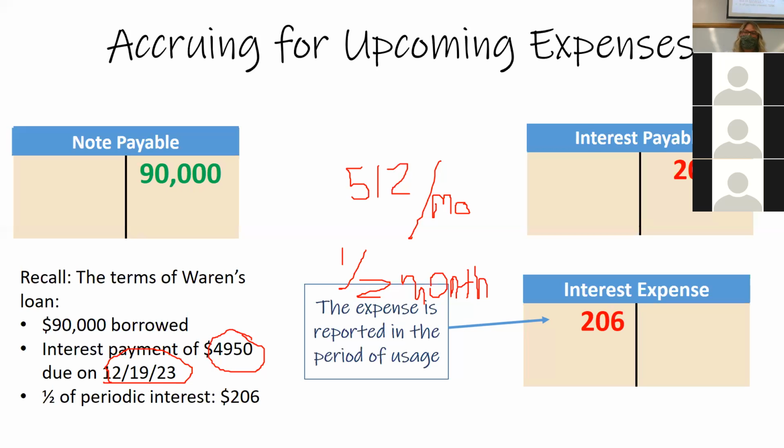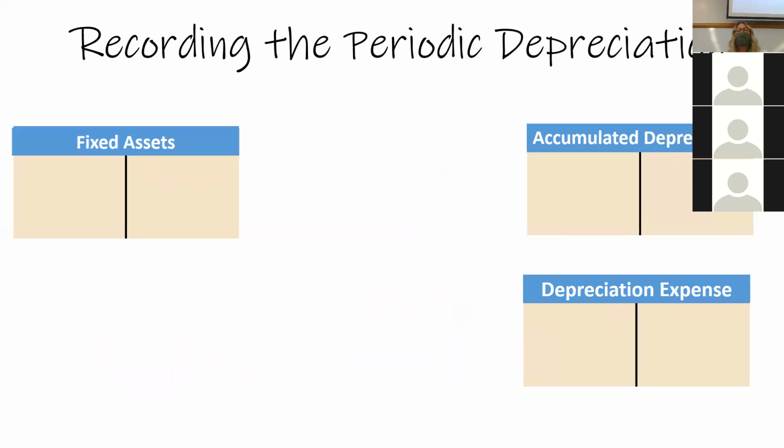All right. Finally, the third category of adjusting expenses is recording the periodic depreciation. Let's assume that our total balance of fixed assets is $10,000.